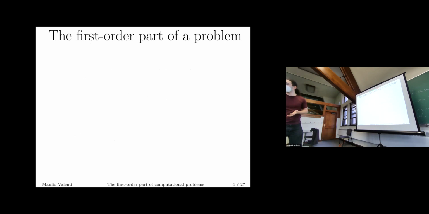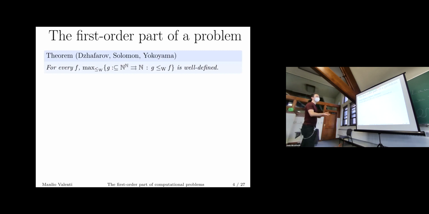Okay, so that being said, I would like to define the so-called first order part of a problem. The definition, however, is a little bit technical, so instead of giving it right away, we first prove the following theorem, which also answers Joe's objection about the definability of the property that I care about.